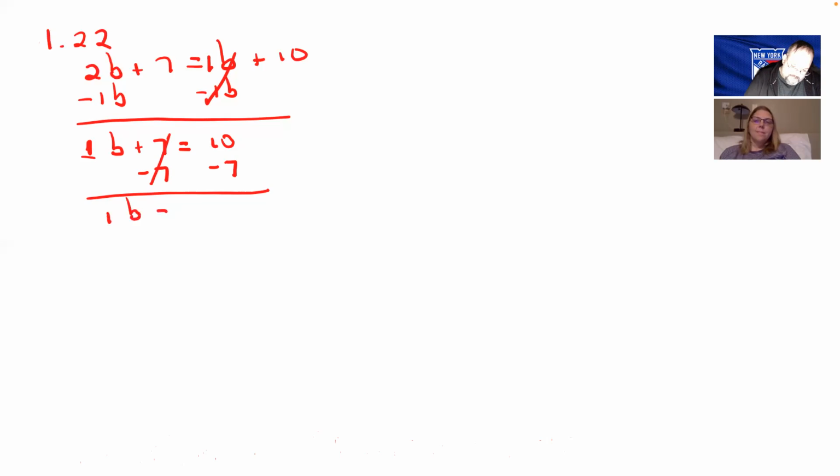So you get 1b is equal to 3. So therefore b is equal to 3. And we can check that out. 2 times 3 plus 7, 6 plus 7 is 13. And then b plus 10, 3 plus 10 is 13. So that works out to be perfectly okay.